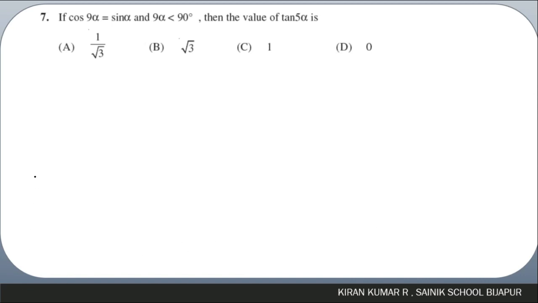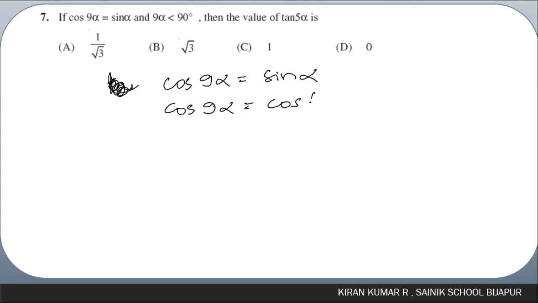Question number 7. If cos of 9 alpha is equal to sin alpha and 9 alpha is less than 90 degrees, then the value of tan 5 alpha will be. Let us take cos of 9 alpha equal to sin alpha. I know sin alpha is nothing but cos of 90 minus alpha by complementary relation.